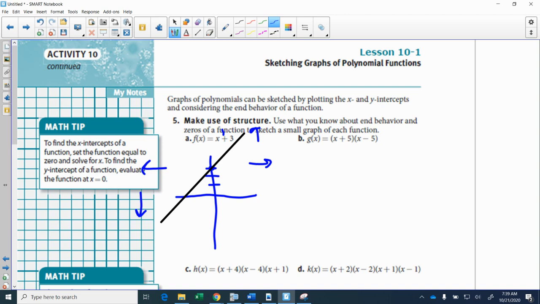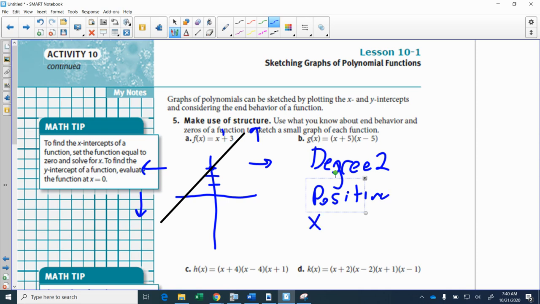Same can be said for letter B, but I can get a lot more information from letter B too. Let's go through a couple of things I can pull out. First up, this has to be a degree 2. I can't look at it as a factored form; I want to look at it as if I actually distributed those two out. If I did x times x, that'd be an x squared function. We know it's going to be positive.